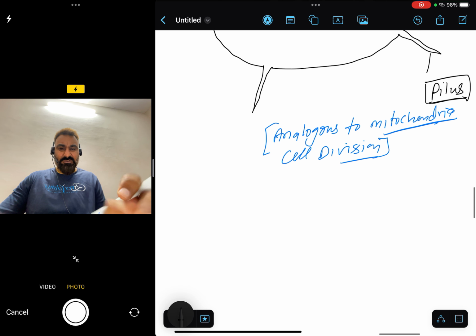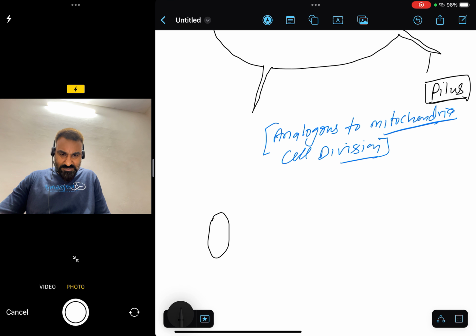It is present only in some bacteria, and the bacteria which contain these roams and the plasmid are known as the male, and those which do not contain this pilus and this plasmid behave as a female.